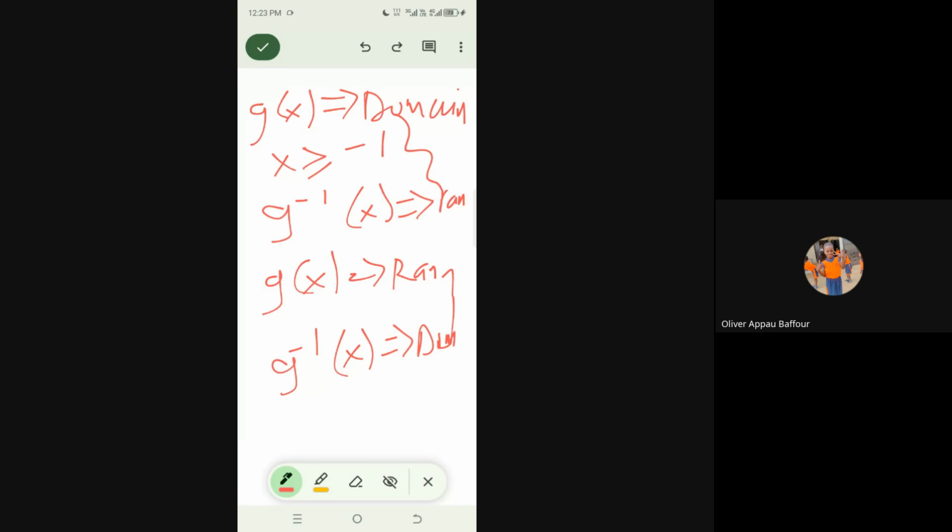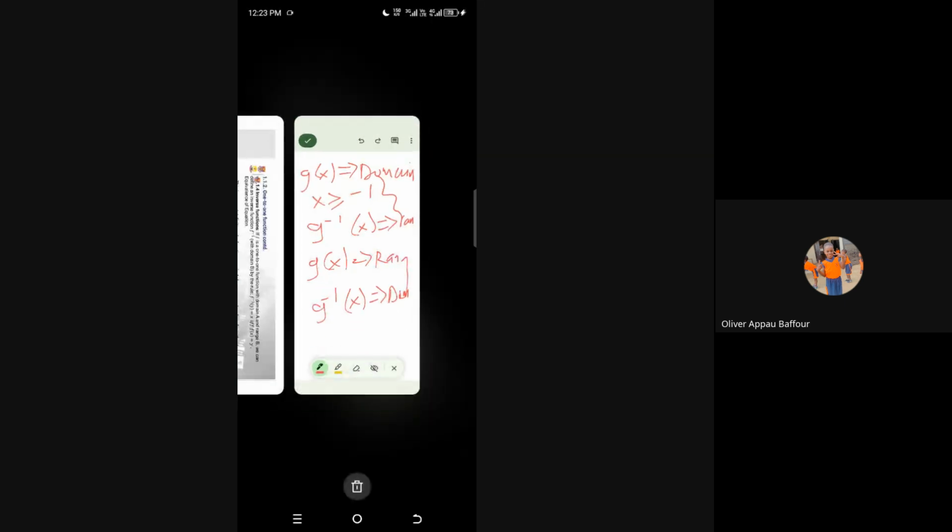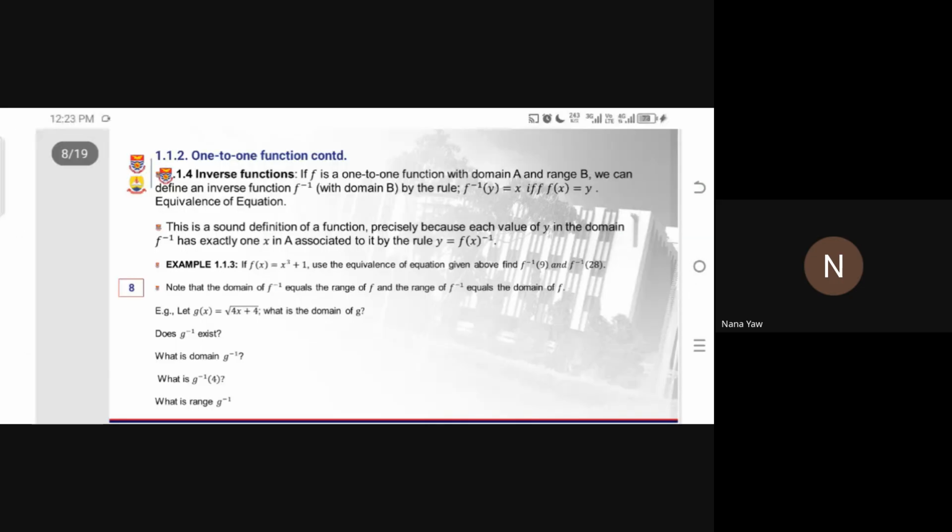Understood. Okay. But madam, please, I'm listening. I thought the range of the g inverse of x are the values of x that you substitute into the inverse that will make the function defined.